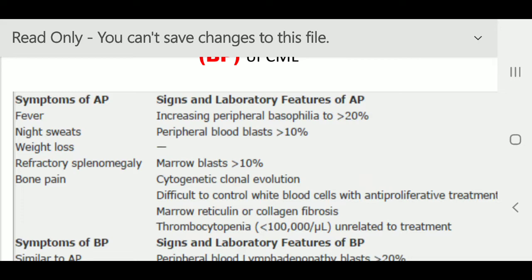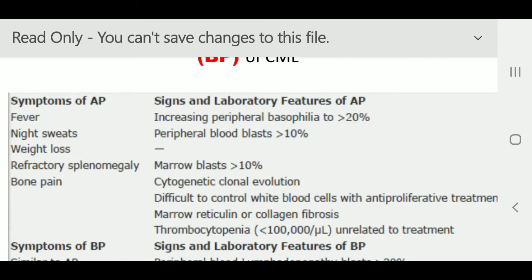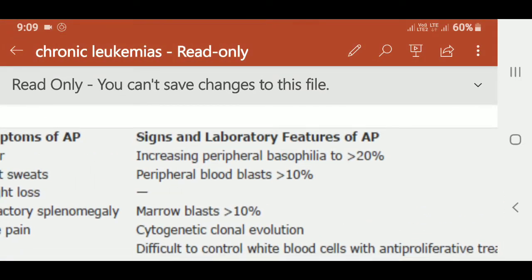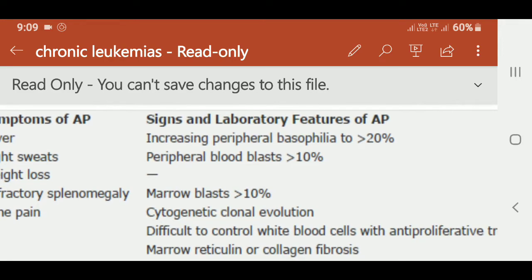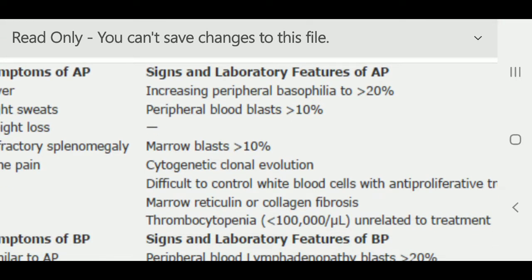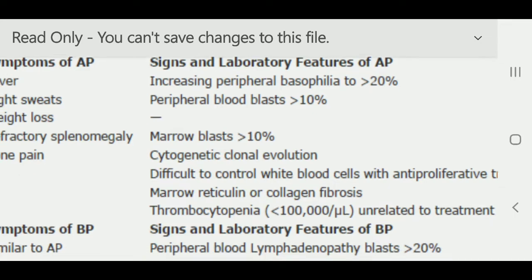But on laboratory, there are two important differentiating features: the peripheral blood basophilia will be more than 20% and peripheral blood blasts will be more than 10%, along with marrow blasts more than 10% in accelerated phase. Remember, in CML, peripheral blood blasts were less than 3 and marrow blasts were less than 5. Here basophilia is more than 20, peripheral and marrow blasts more than 10.